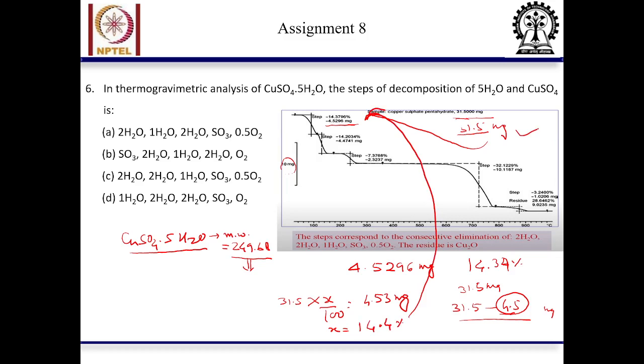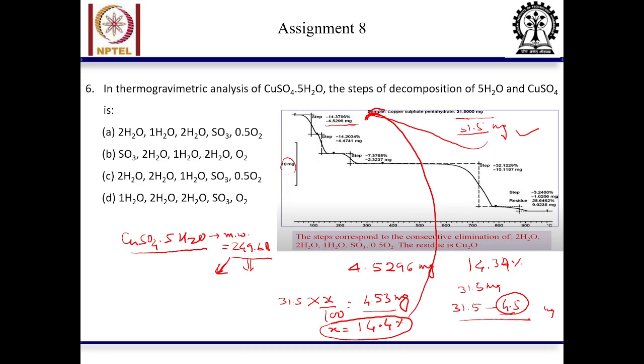So first weight you find out, then the second weight you can find out, then the difference will be 4.5 milligram. Now you have to calculate what is the percentage of 31.5 milligram, which is 4.53. Now here we find out that 14.4% loss is there.